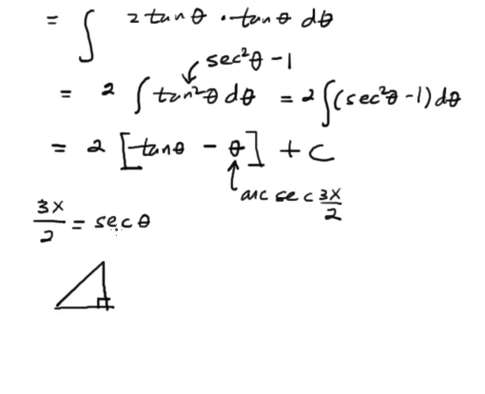Now remember that secant is 1 over cosine, so this is hypotenuse over adjacent. If I put theta here, hypotenuse over adjacent. And so this third side over here, according to the Pythagorean theorem, is the square root of 9x squared minus 4.